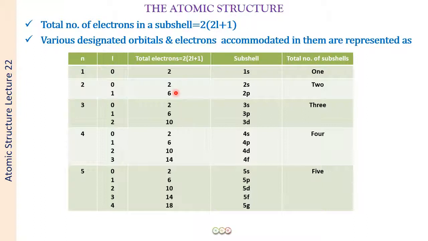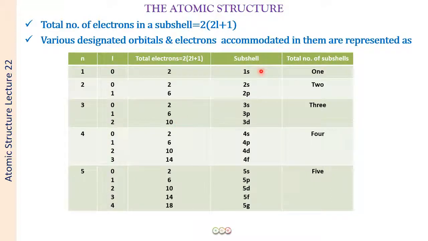For the 1 value of L, there are going to be 6 electrons, making it 8 electrons in the second energy level. Then for the third energy level, again 0 means 2, 1 means 6, and 2 means 10 electrons, making it a total of 18 electrons maximum, which can be accommodated in the third shell, right?